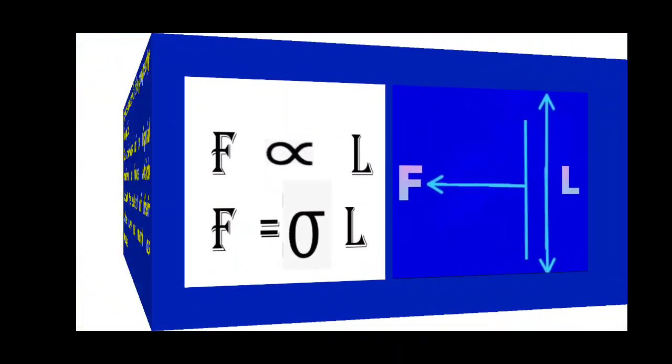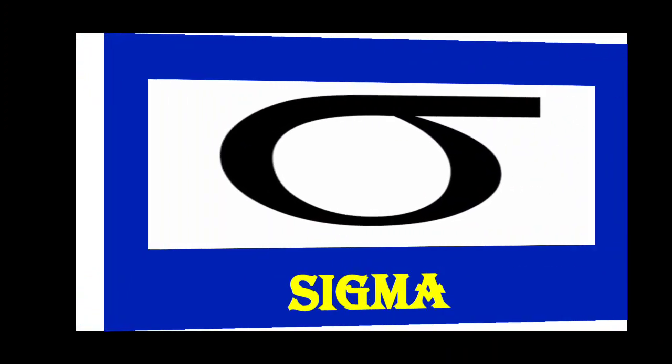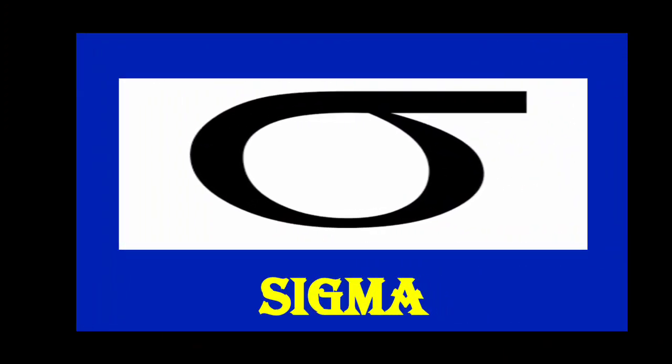The force exerted on the surface of the liquid is directly proportional to the length, and this symbol of proportionality is removed using a constant called sigma, which denotes the surface tension.